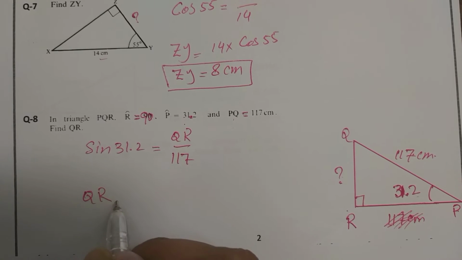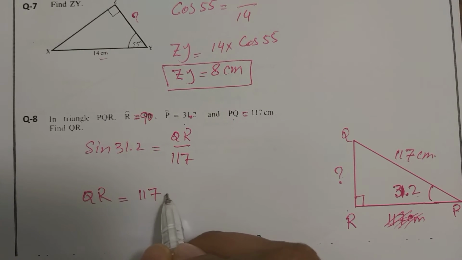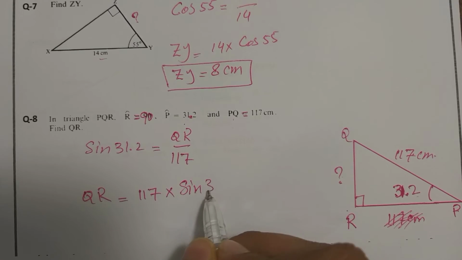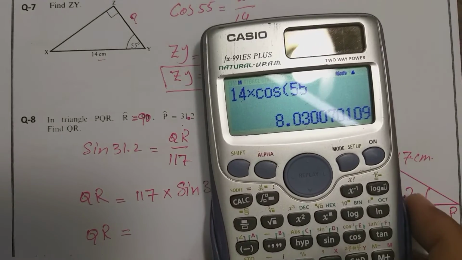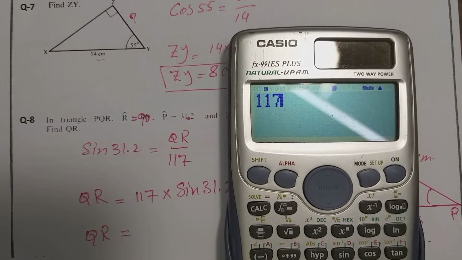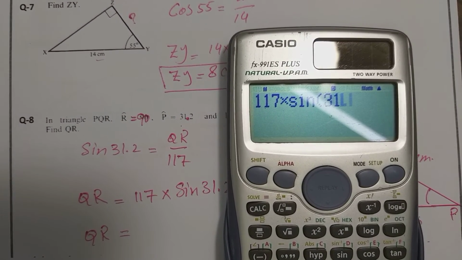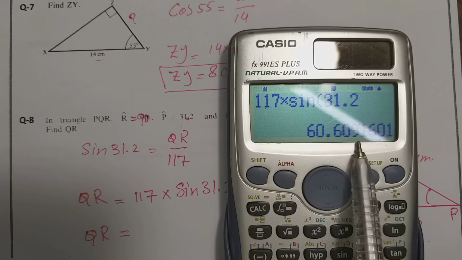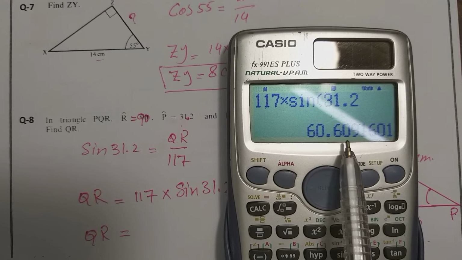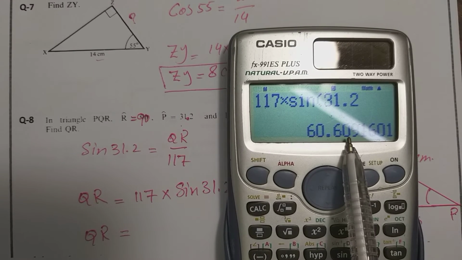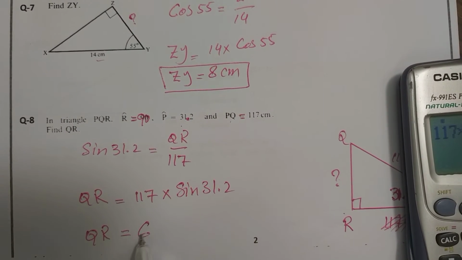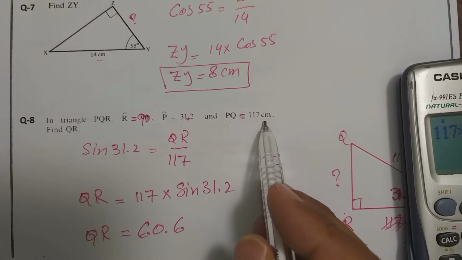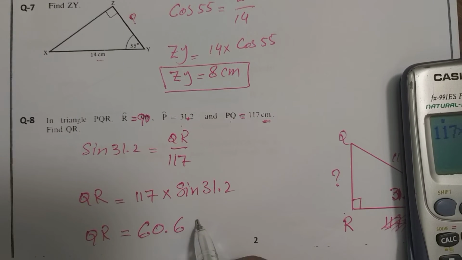So QR equals 117 times sine 31.2. Simplify it, so it becomes 117 times sine 31.2, which equals 60.6091601. I'm taking one decimal place. After the 6 there is a digit less than 5, so no need to increase it. So the answer is 60.6. Because the unit is given in centimeters, I'm saying centimeters.